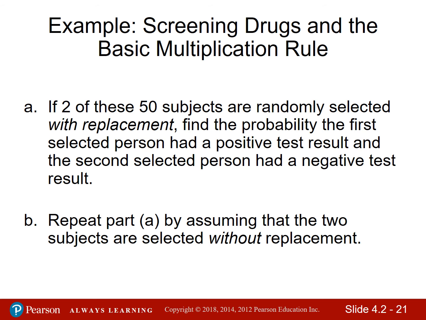With replacement, you pull something out and you replace it before you do the second pulling. Without replacement, you pull something out and you don't replace it before you do the second calculation.